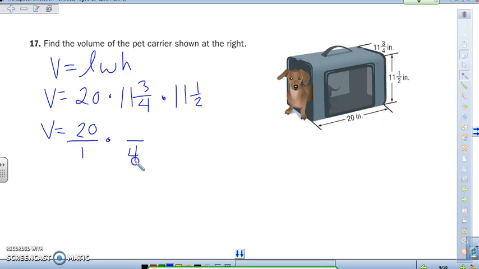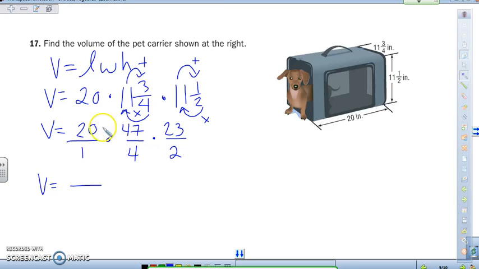Now I need to keep my denominator. I'm going to multiply and then add. So 4 times 11 is 44, 45, 46, 47. 2 times 11 is 22, plus 1 is 23. Now I'm just going to multiply straight across.